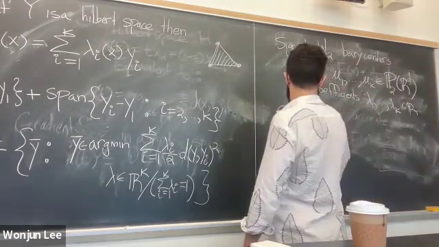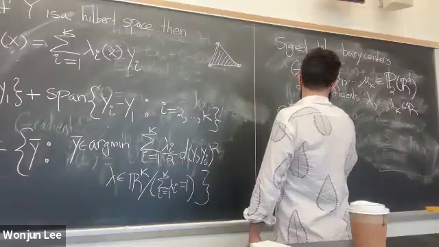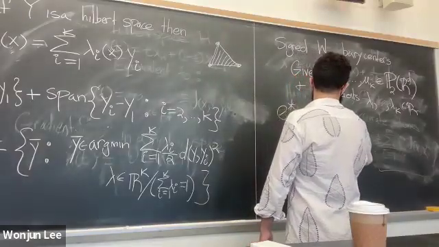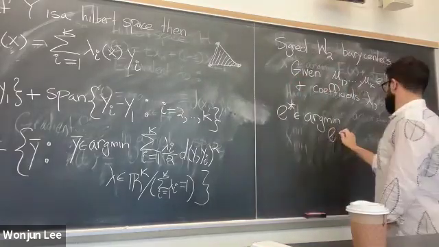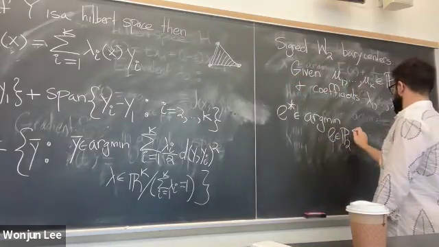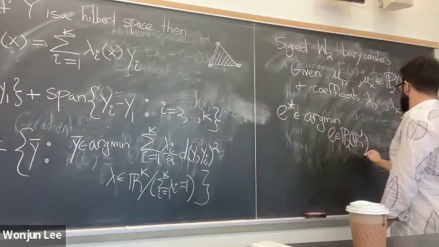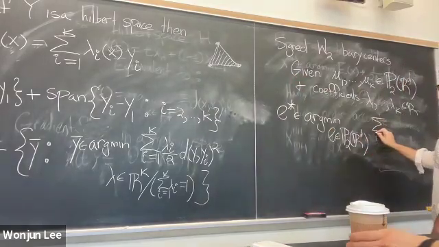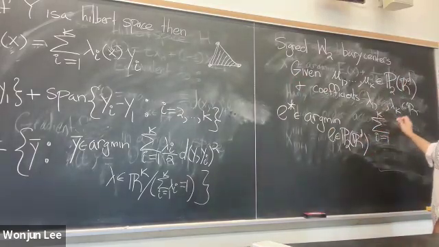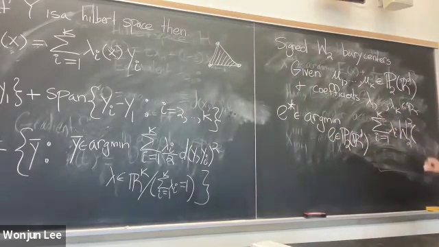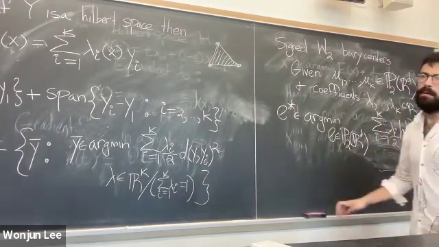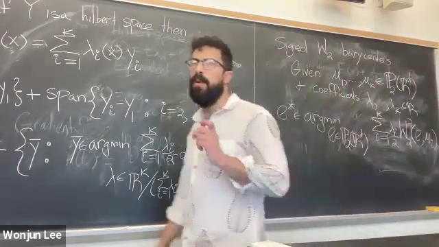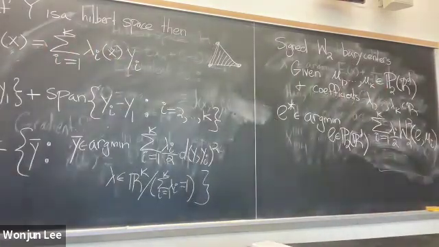I want to find some rho star that is in the argmin of these squared distances.